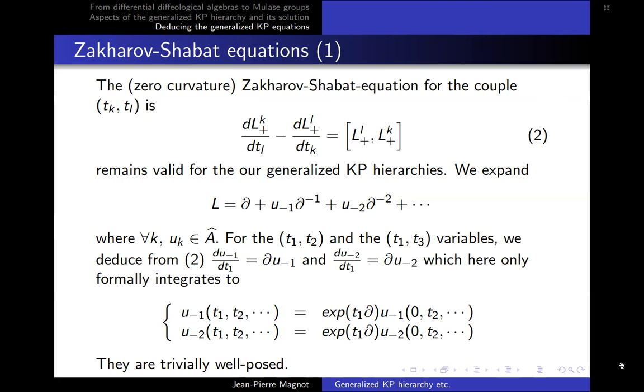So I stated it in its full generality, but of course, when you take K and L very large, actually, I think that no one is able to state the equations that are consequence of this equation. But it is possible to prove the Zakharov-Shabat equation from the KP hierarchy, even for a general algebra.